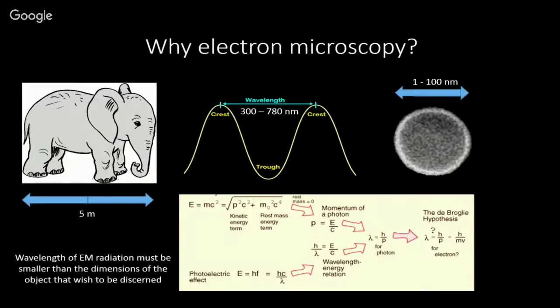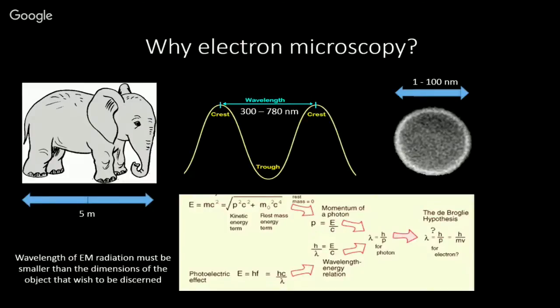If you have a particle that's 1 to 100 nanometers, and you use visible light, whose wavelength is at least 300 nanometers for violet light, almost ultraviolet, you won't be able to see that particle. You'll see some hazy pattern. And that's why we need electrons, because with light, you cannot speed light beyond the speed of light, right?